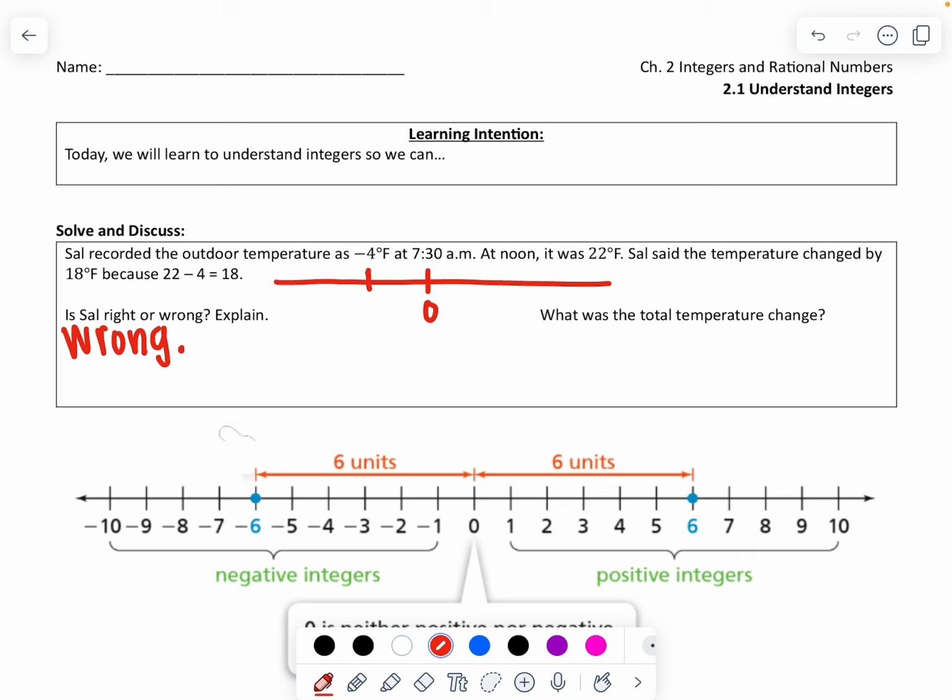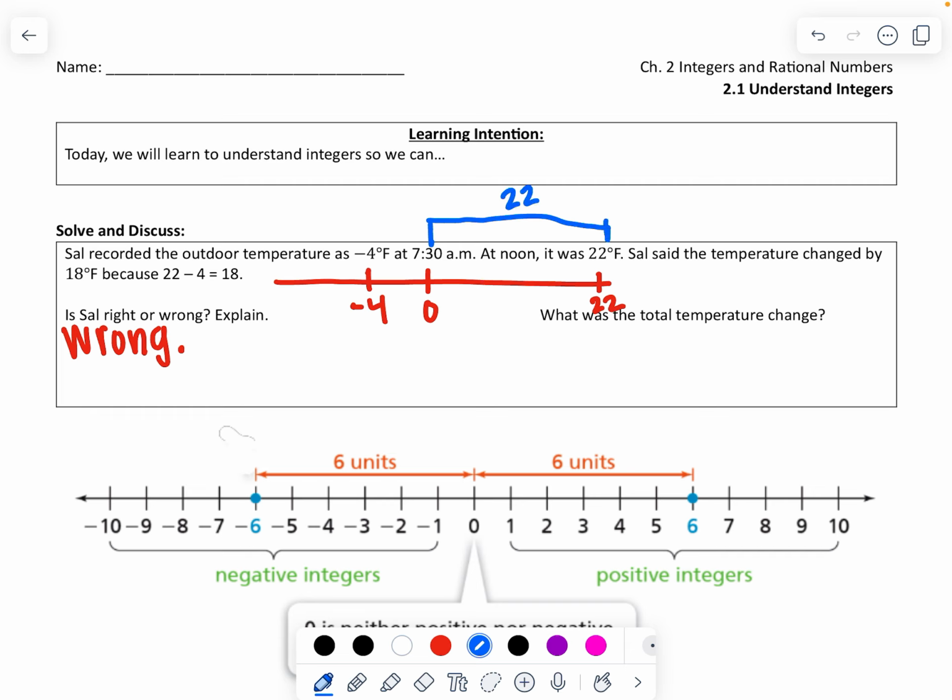And we're going to put -4 here. So that's what the temperature started at. So it started at less than 0, which is why it's to the left of 0. And then at noon, it was 22 degrees. So at noon, it was all the way over here at 22 degrees. And so it couldn't have changed 18 degrees because from 0 to 22, that's 22.